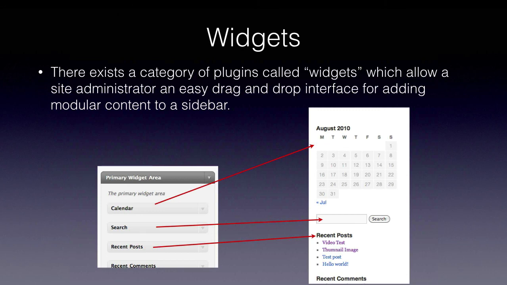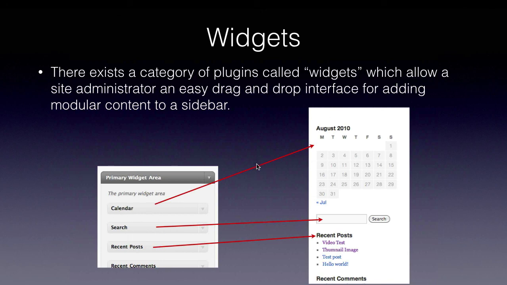And finally, there's a particular category of plugins called widgets. They're essentially designed to be little bits of modular content that administrators can easily switch in and out of templates on their site using a drag and drop interface. This here on the left is a section of the widgets interface area in the admin interface, where you can select various different widgets to appear in a sidebar.